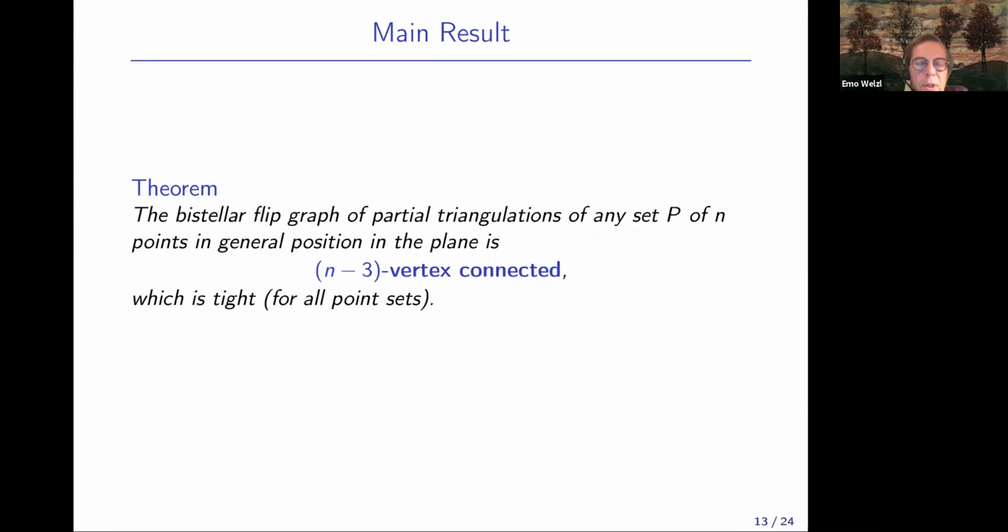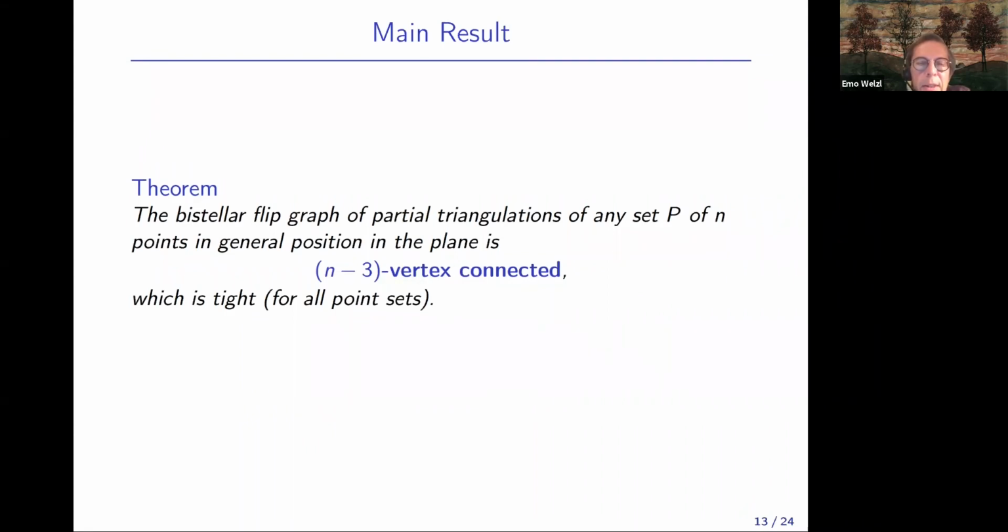Just suppose you have n points. What we can easily prove is that there is always a triangulation which has only n-3 neighbors, which has degree n-3. And of course, if you have a vertex in a graph of degree n-3, you cannot be more than n-3 vertex connected, because if you have a lower degree, you just remove the neighbors of that vertex. So why is there a triangulation with n-3 neighbors?